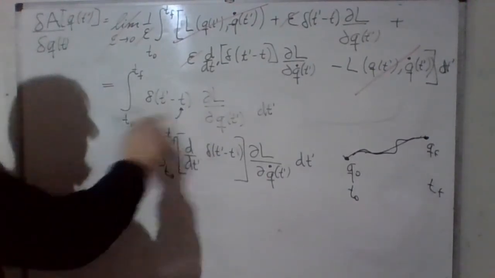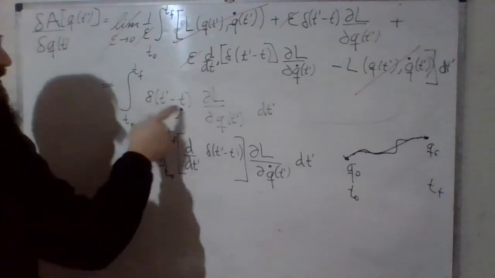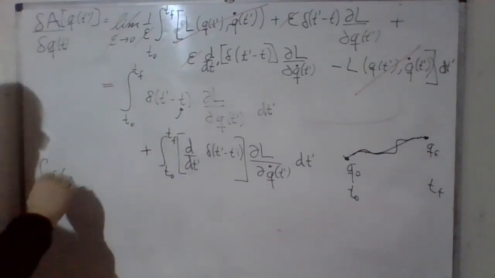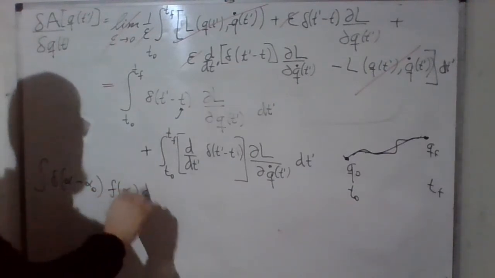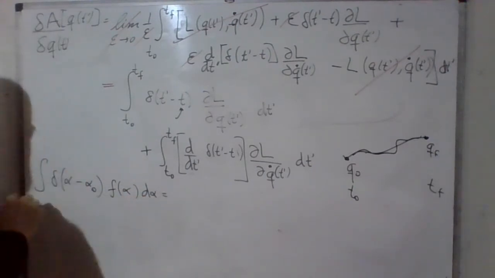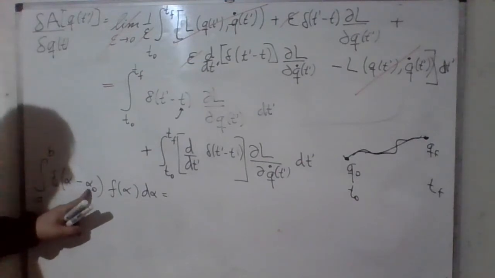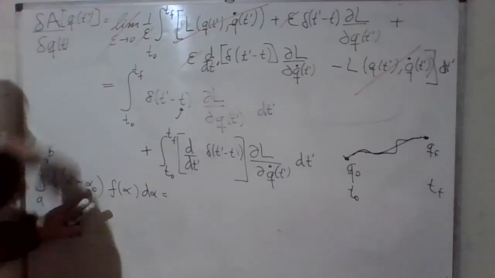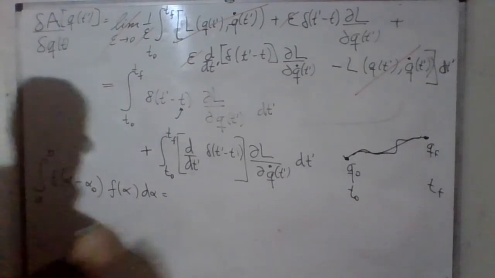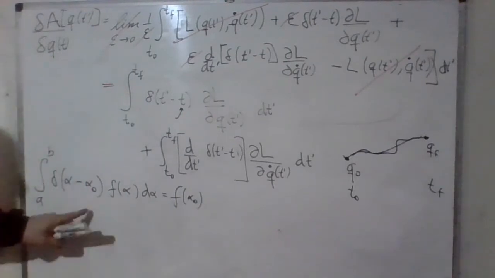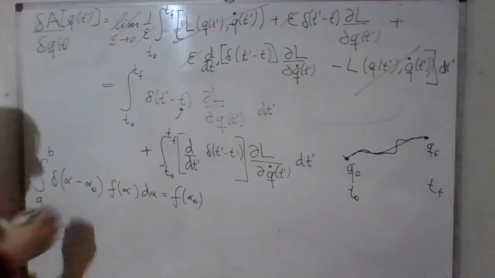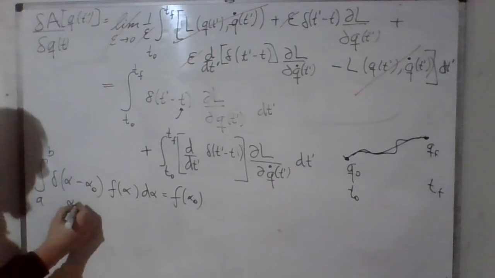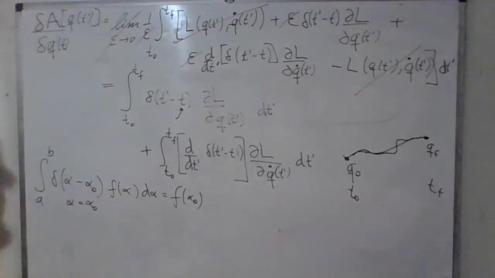So this integral is easy to do because when you integrate a Dirac delta function, suppose for a variable alpha, delta of alpha minus alpha naught times any function of alpha integrated over alpha in the limits from a to b such that alpha naught is contained inside these limits, you'll find out that the function needs to be evaluated at the point where the argument vanishes. So alpha minus alpha naught equals 0 corresponds to alpha equals alpha naught. I just need to replace here f of alpha naught.